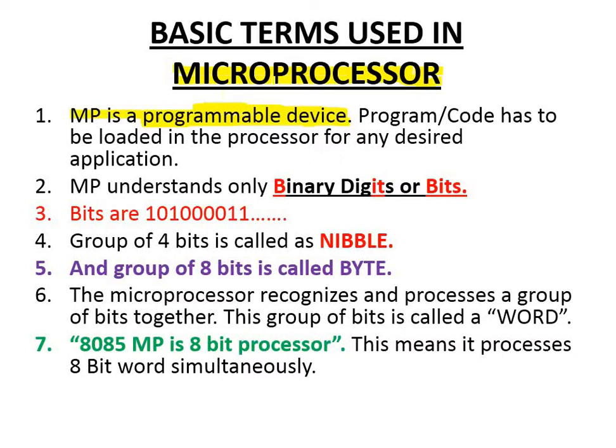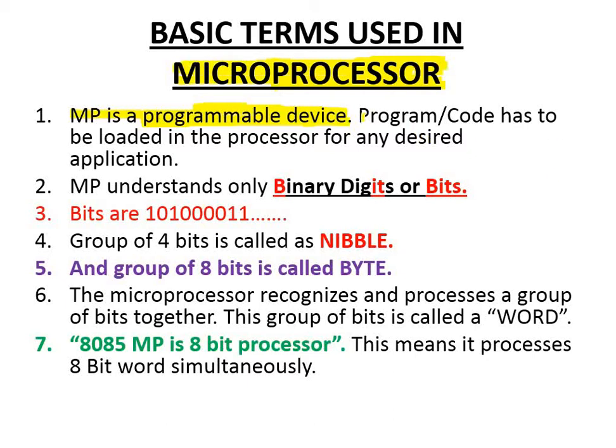From the name it suggests that a processor processes the data. Microprocessor means it processes the data. Nothing else it is doing, only processing the data according to our program. Whatever code we have written, the microprocessor performs that code on the input data and produces the output.